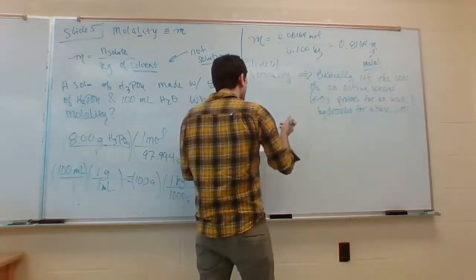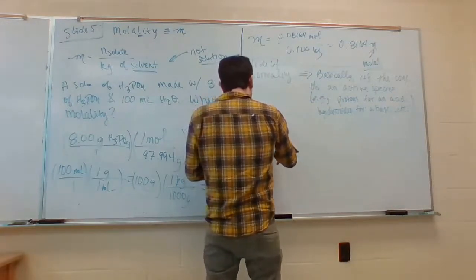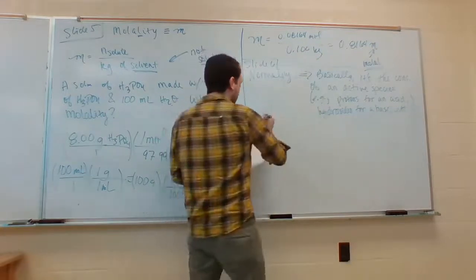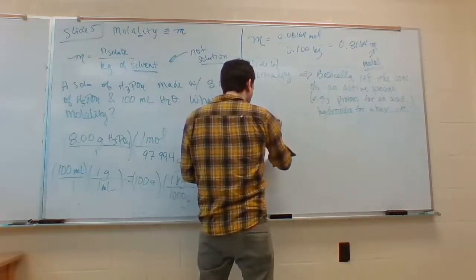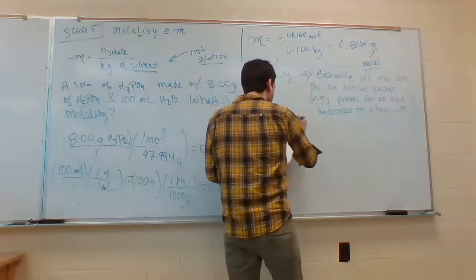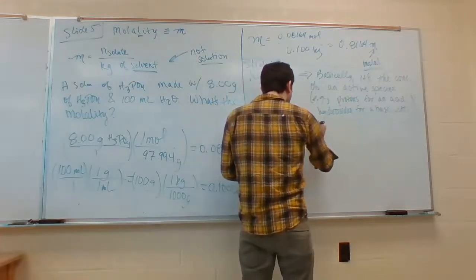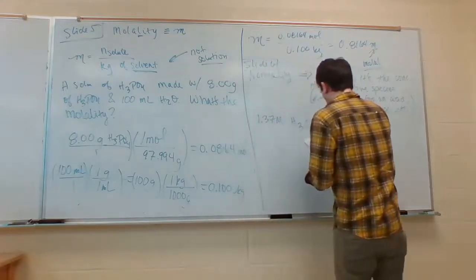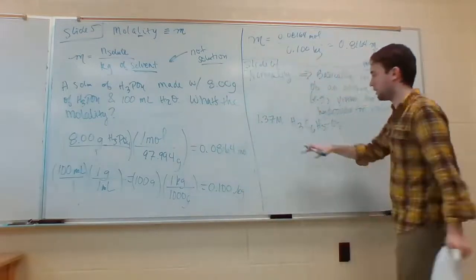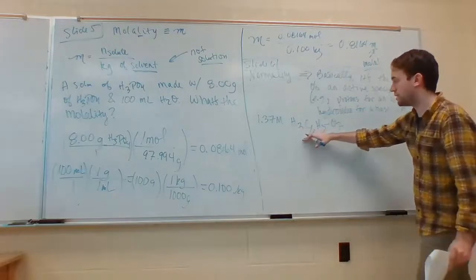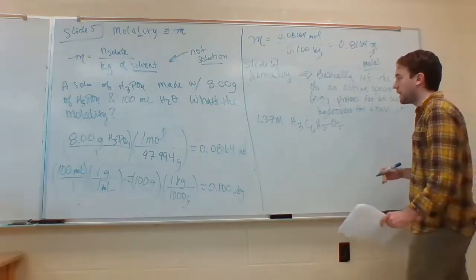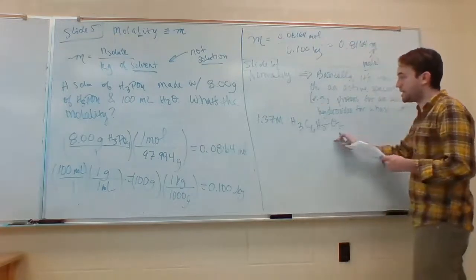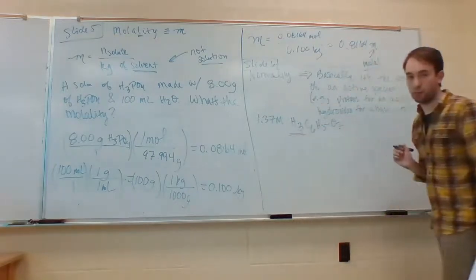Let's say that we have citric acid. We have 1.37 molar citric acid, which is H3C6H5O7. Now, citric acid has 3 acidic protons.